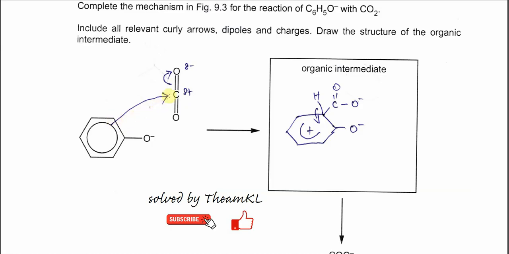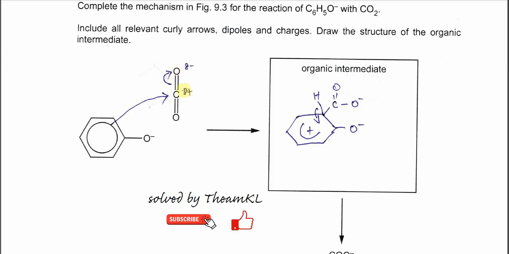After that, another step you need to be careful about: once the new C-C bond forms, because carbon mostly has four bonds, one of these bonds must break. So one of the pi bonds here must break, and this pair of electrons will move to the oxygen to form the oxide.